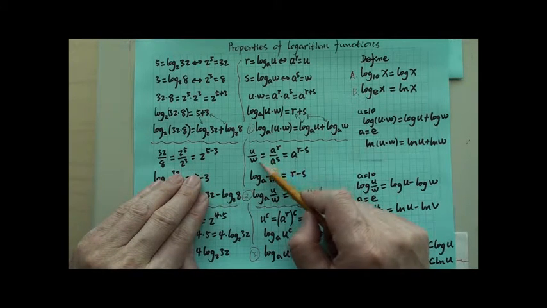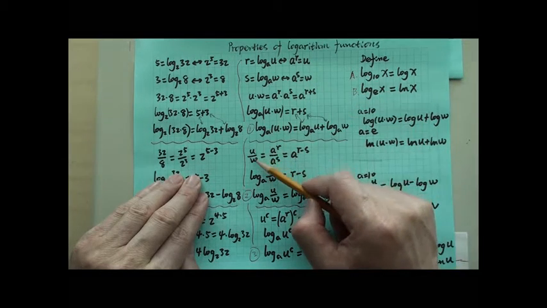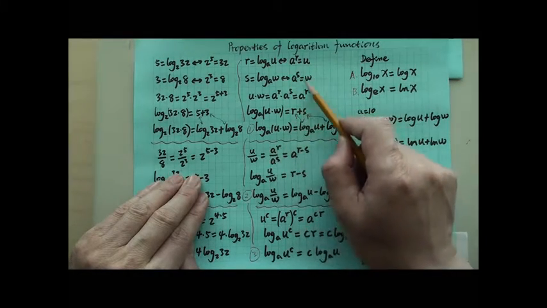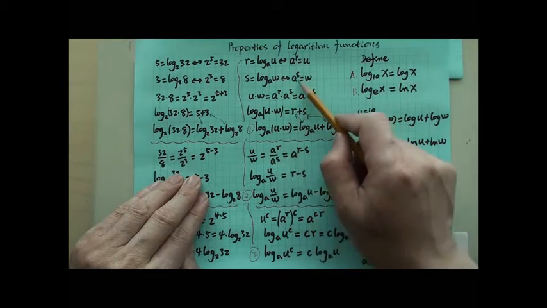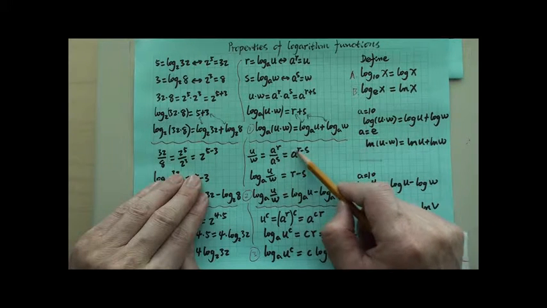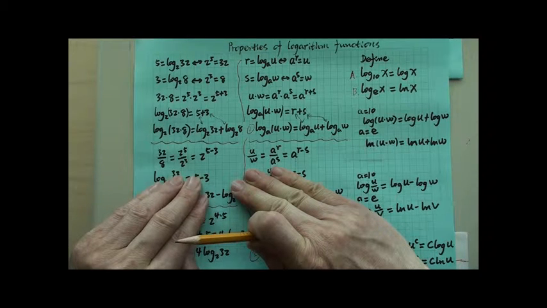Okay. Similarly here, u divided by w. Then u is a to the r, w is a to the s. You do subtraction on the exponents, r minus s. So the same thing.